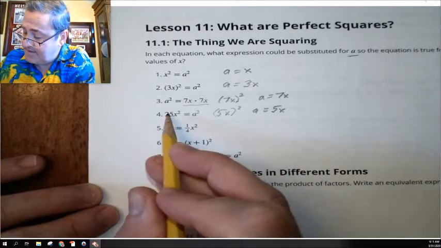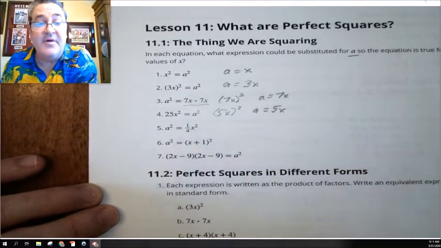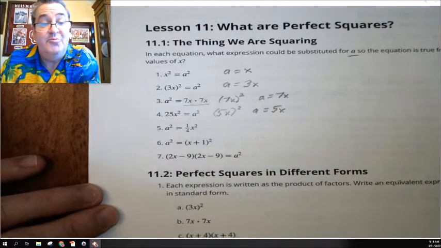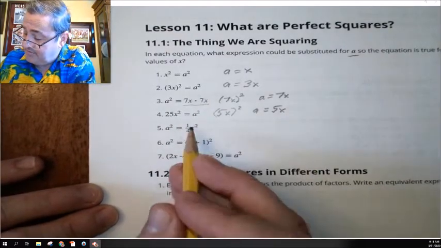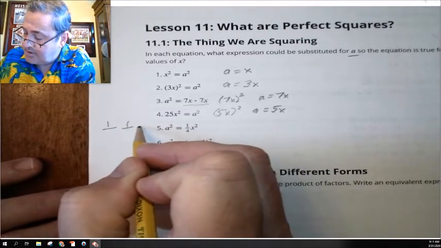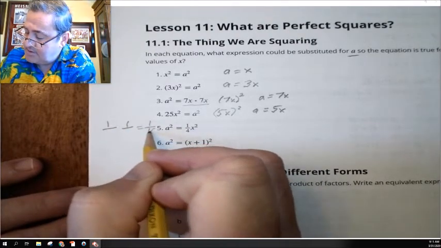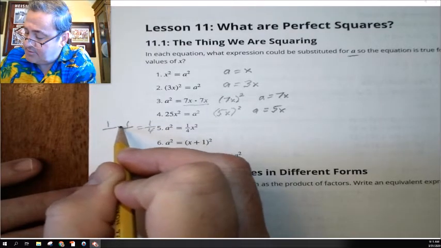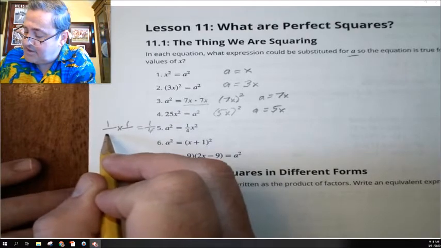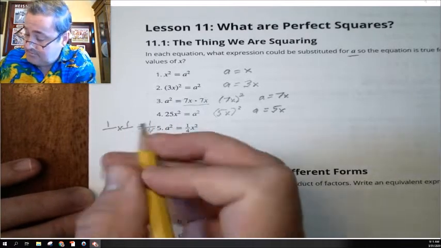Okay, this one we've got a squared equals 1/4 x squared. It's kind of like this one, except we're using a fraction now. So what fraction multiplied by itself is 1/4? Well, dealing with fractions, remember when we multiply, we just multiply straight across. 1 times 1 would equal 1, but what times itself would equal 4?